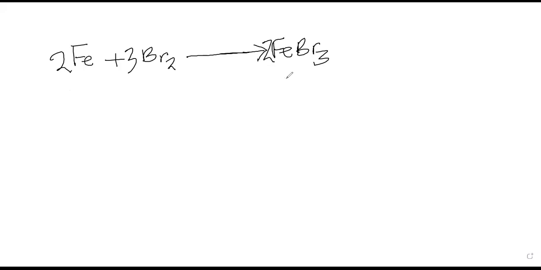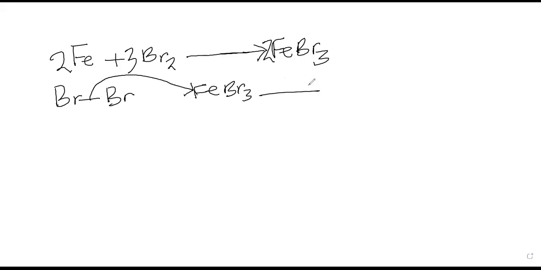After forming the halogen carrier, you bring Br with the halogen carrier, iron 3 bromide, and this will form Br-FeBr4 with partially positive and partially negative charges. This is what we need for our mechanism to proceed.